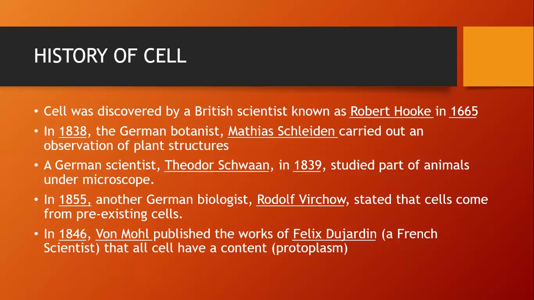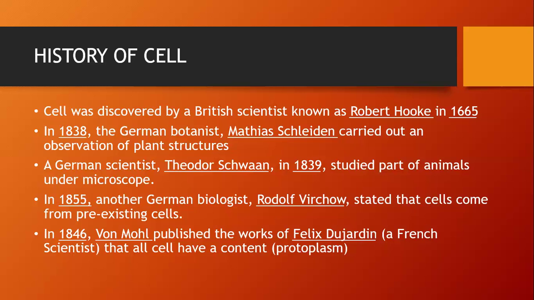Now, he worked as a professor of botany, University of Dorpat. I'm sure all this history does not concern you, but you just have to know it. And I'm sure as you note it down, you are learning also. So he also published a book titled Beitrag zur Phytogenesis. Now, he described this plant cell structure in this his book.